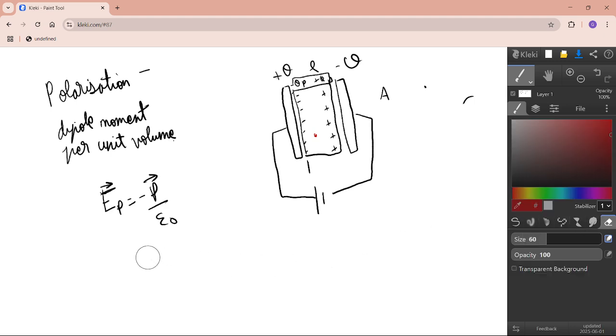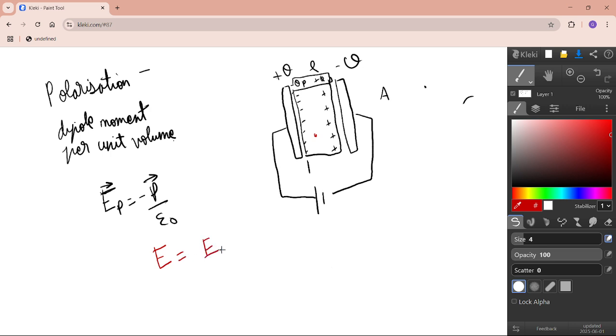Now, the net electric field due to this dielectric and the capacitor: let's assume E naught is the field due to the conductors and this EP, which is minus P upon epsilon naught, in vector form. We can take it to the other side.